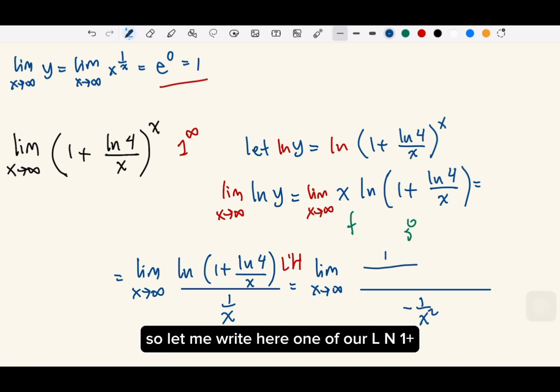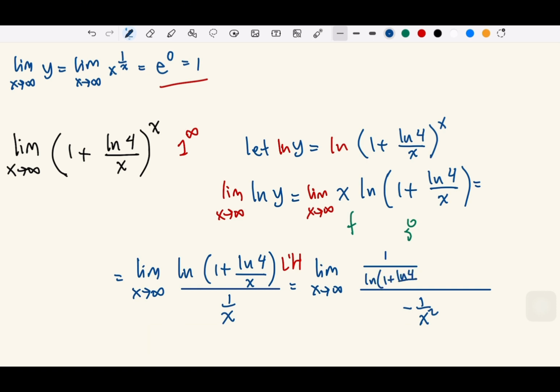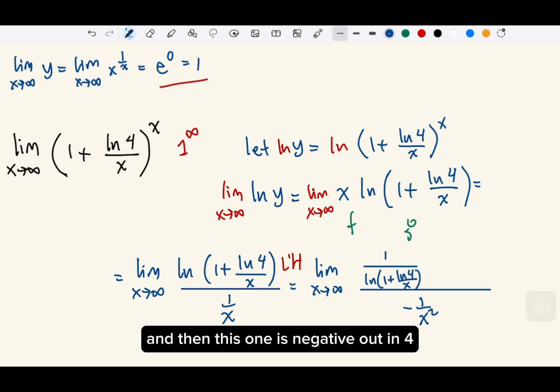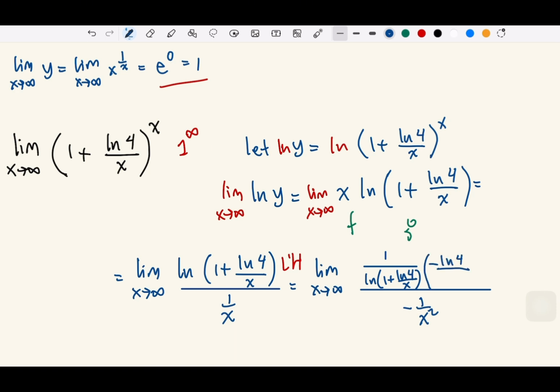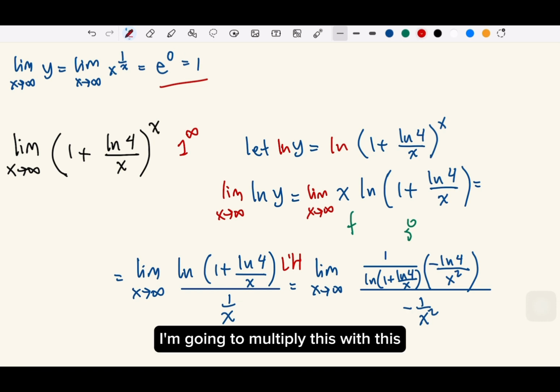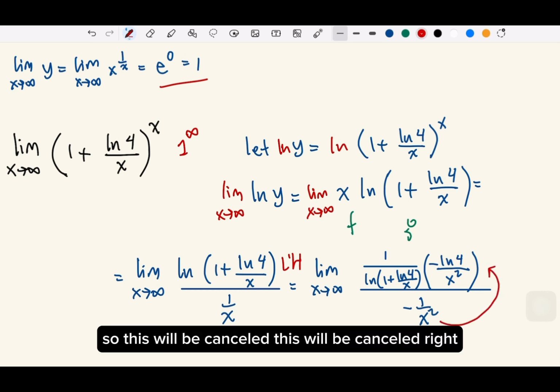So let me write here 1 over 1 plus ln 4 over x, and then this one is negative ln 4 over x squared. Right? Chain rule. I'm going to multiply this with this, I'm going to bring to the top. So this will be cancelled, this will be cancelled, right?